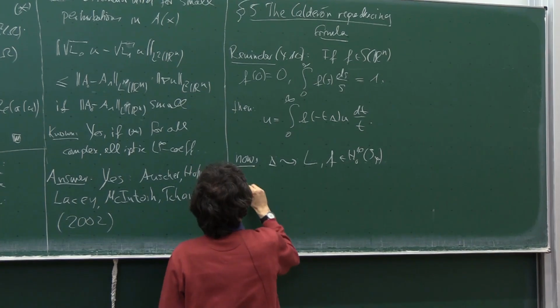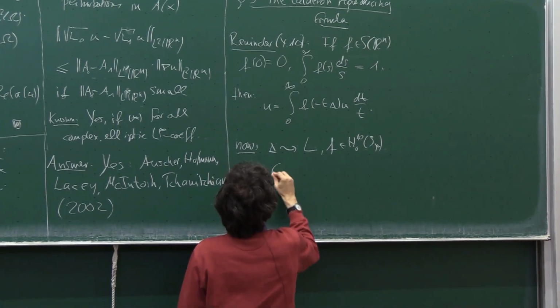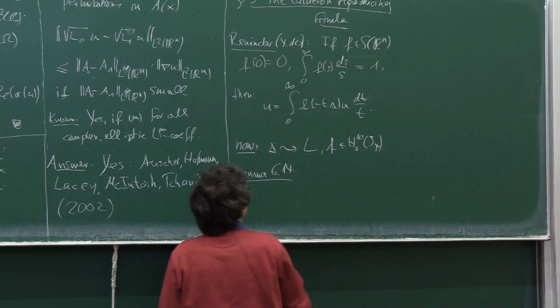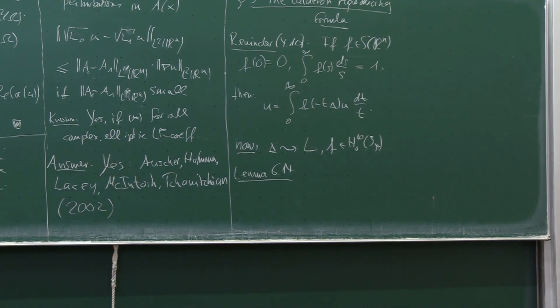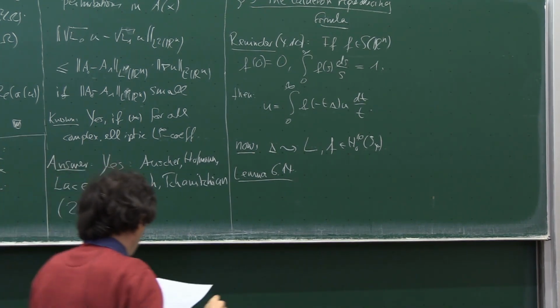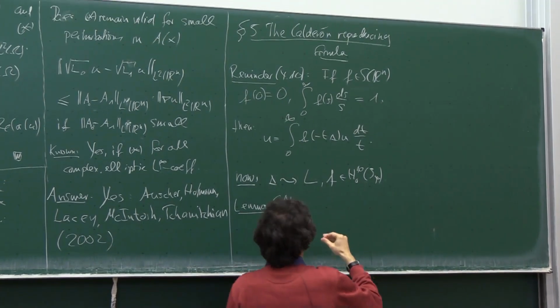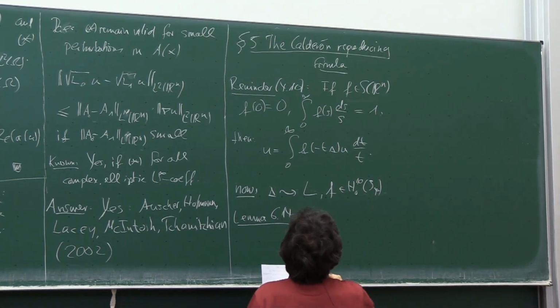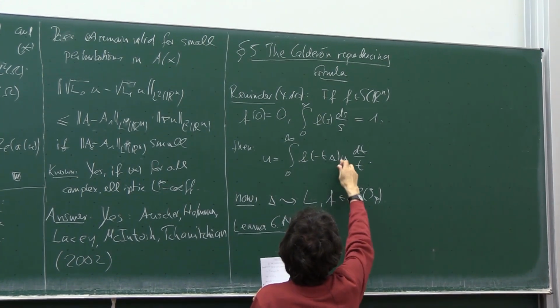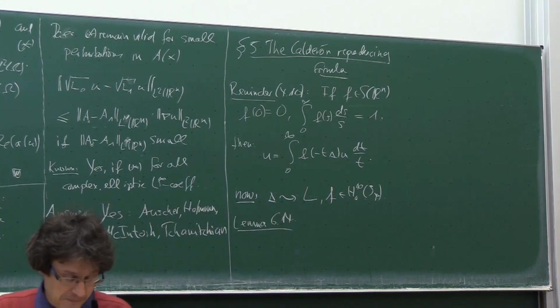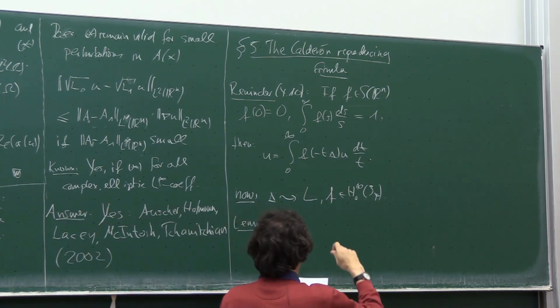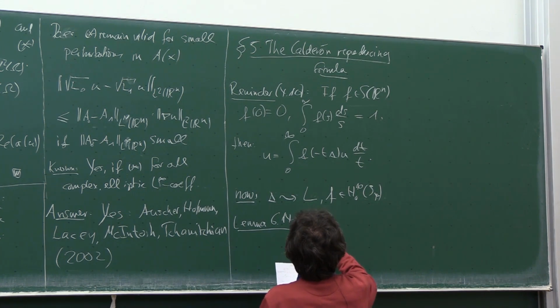Okay, so before I can prove the corresponding reproducing formula for sectorial operators, I have to do a short lemma, which is dealing with this f of minus TL, that this thing has the right properties.